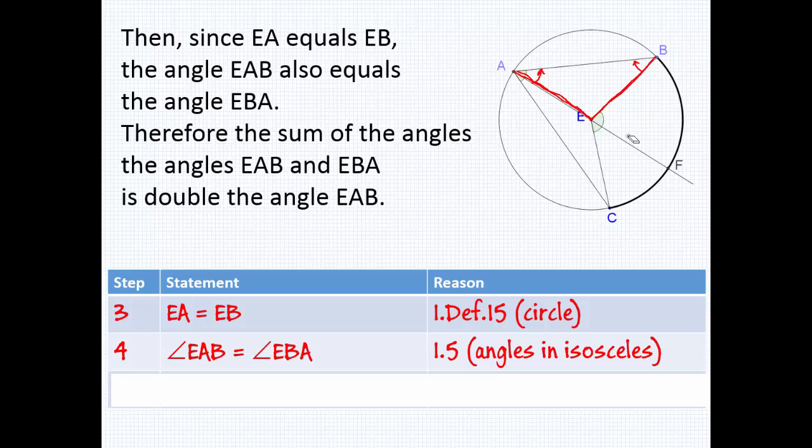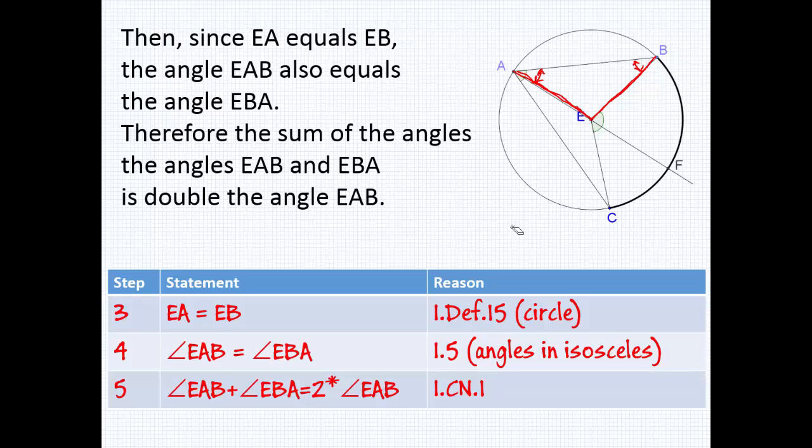Then it reads, therefore, the sum of the angles EAB and EBA is double the angle EAB. Basically, what we're saying is that if we add these two angles on each side, which we know are the same, then that would be equal to 2 times one of them.